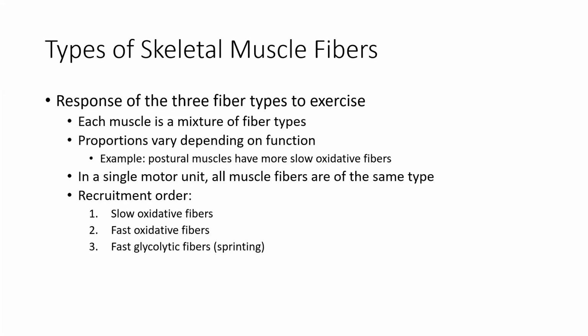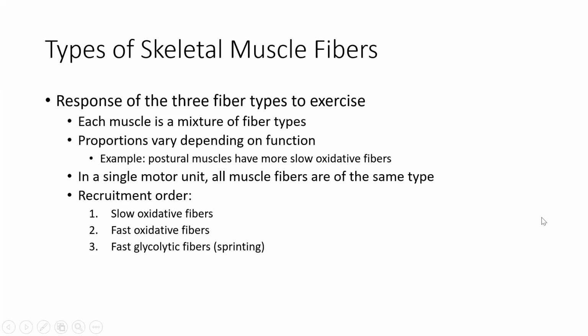So the type of muscle, the type of activity that person does, and the location of the muscle is going to dictate the proportions of the different fiber types that we see. But understand that no muscle is purely slow oxidative or purely fast glycolytic, but it can be proportionately more than the other fibers depending on some of those factors.